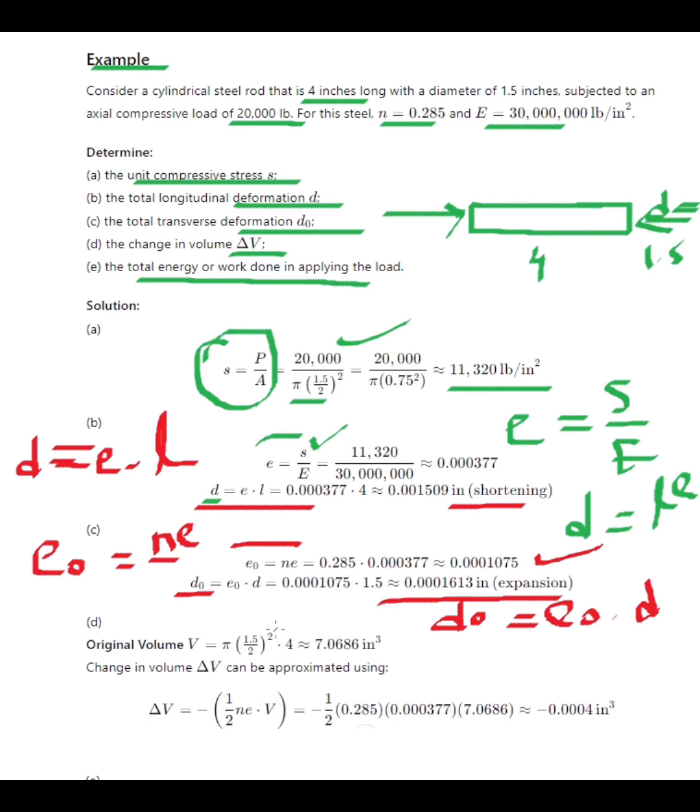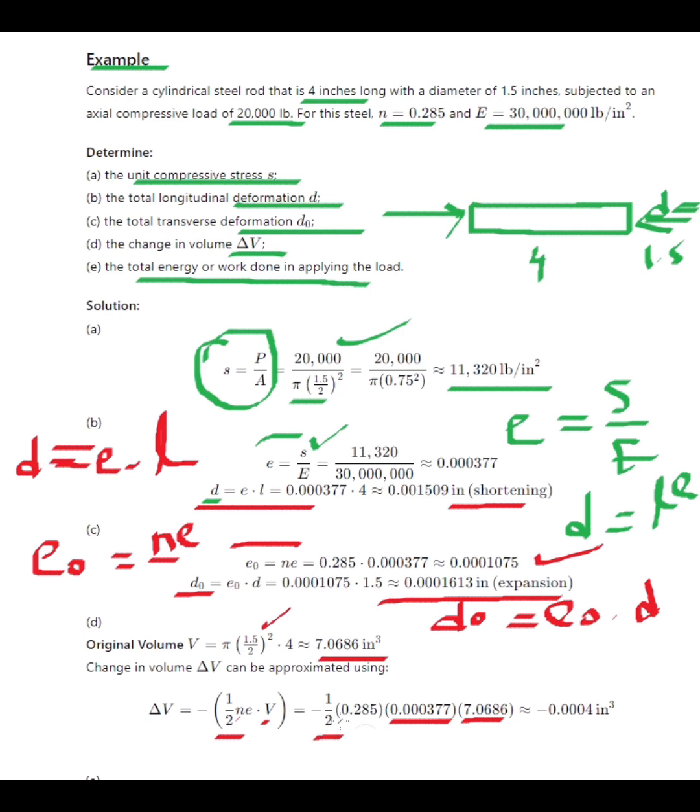The original volume we know is pi by 4 into d squared into length. And the change in volume is approximated as the sum of strains into V, with the lateral strain 0.0037 and V the original volume.